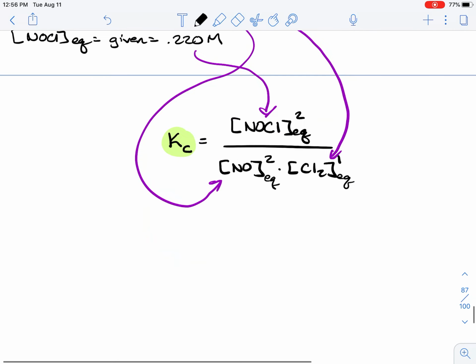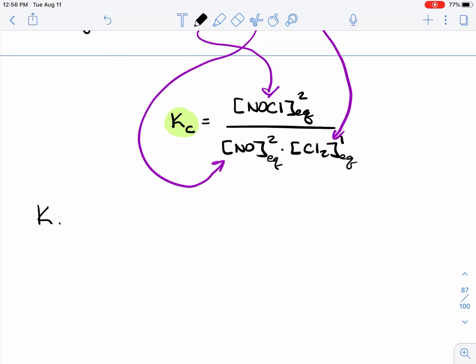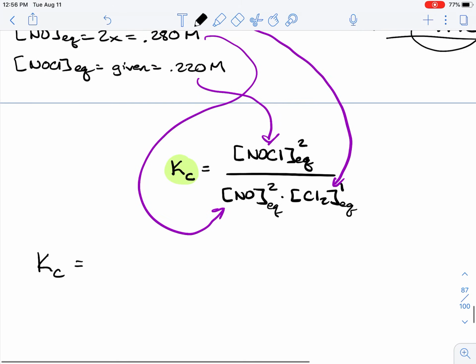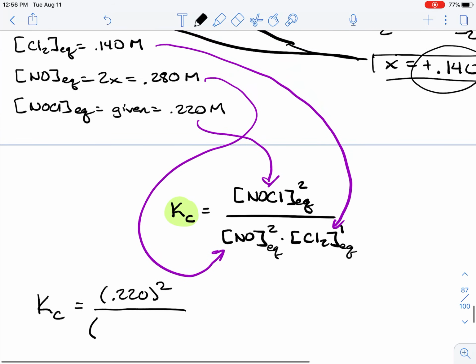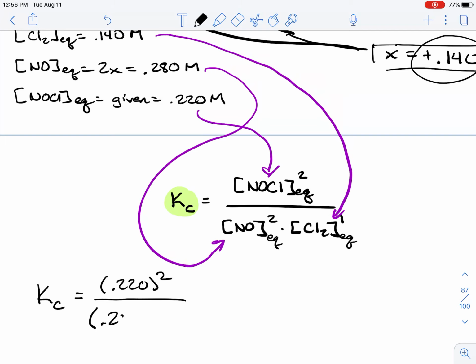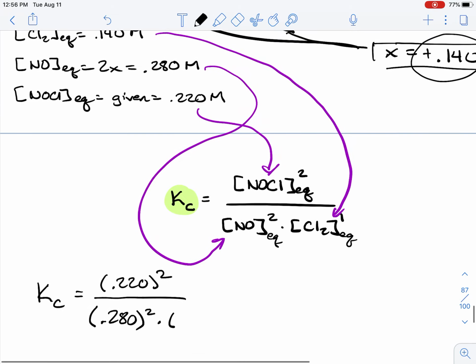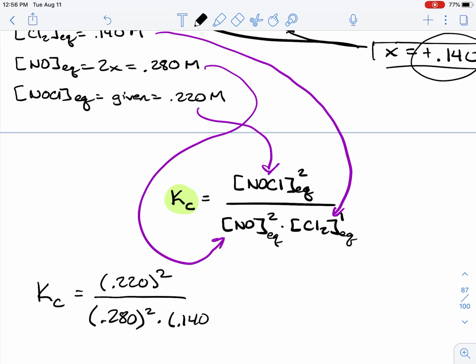Okay. And so Kc is going to equal parentheses 0.220 squared over NO, which is 0.280 squared, times 0.14 to the first.